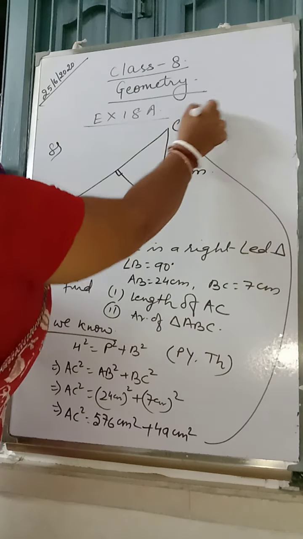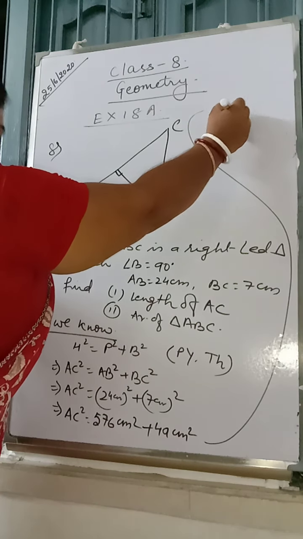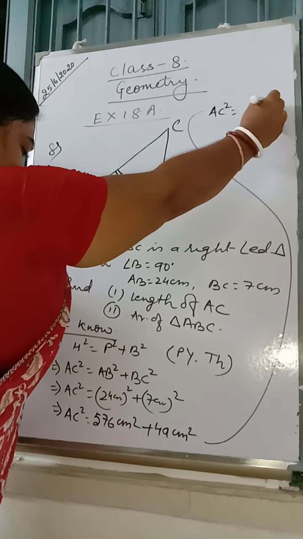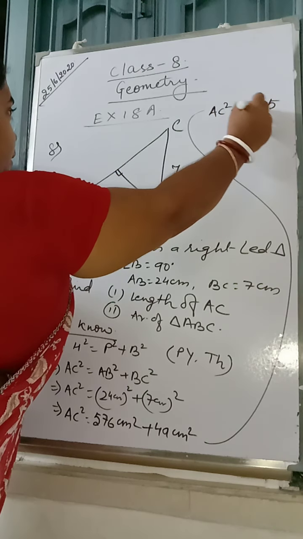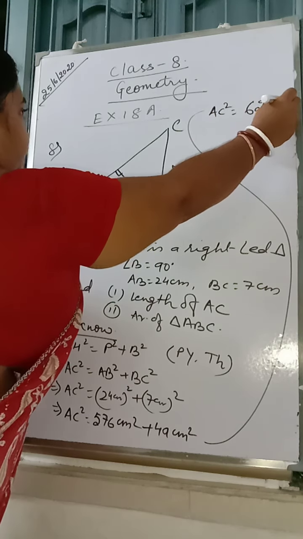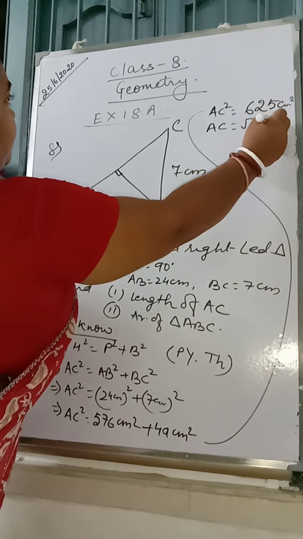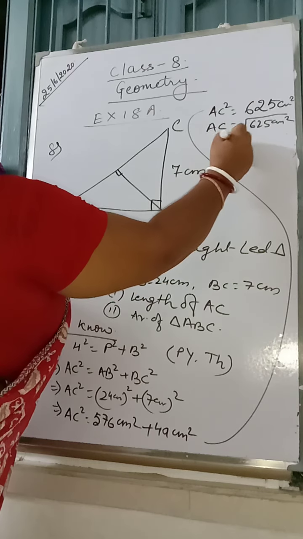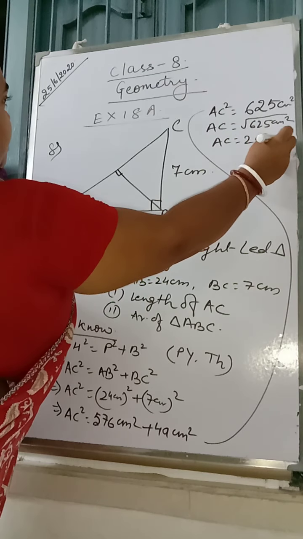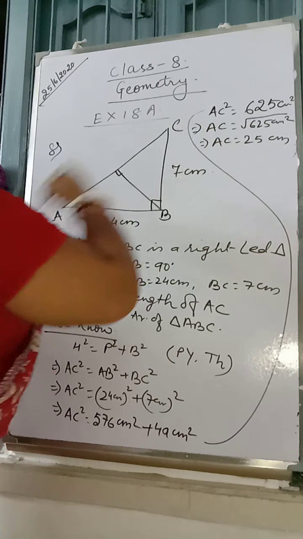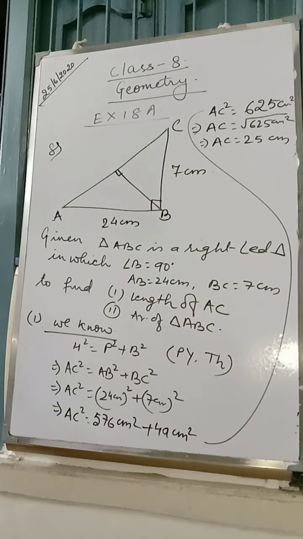Or it gives you AC square is equal to 625 centimeter square, or AC is equal to under root 625 centimeter square, or AC is equal to 25 centimeters. Now we have got the length of AC. The first one we found.